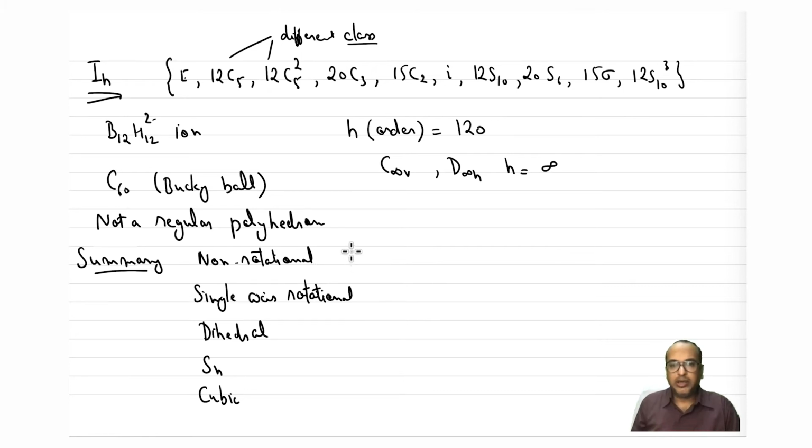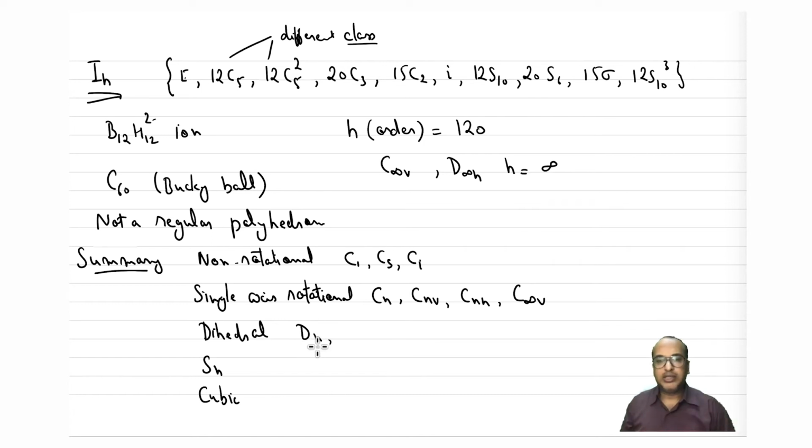So non-rotational included C1, CS, CI. Single axis rotational included CN, CNV, CNH, and C infinity V. Dihedral included DN. These symbols are called Schoenflies symbols of point groups.